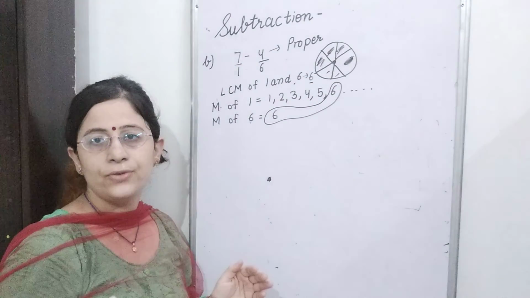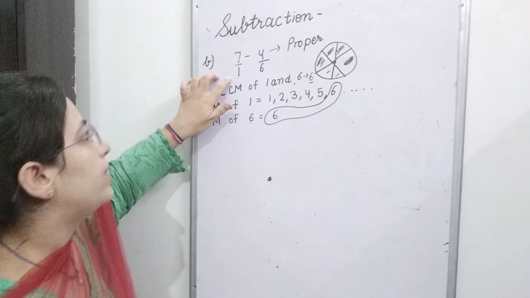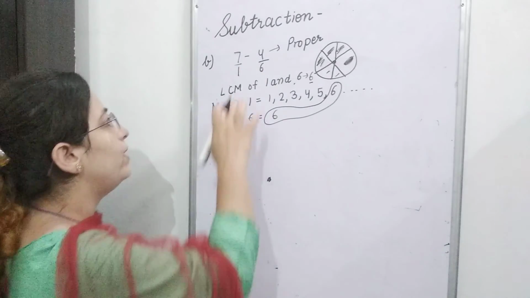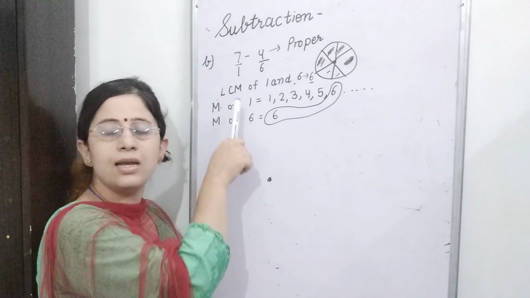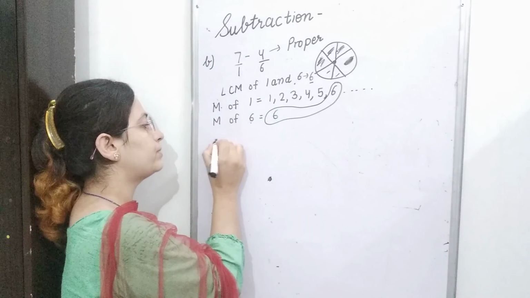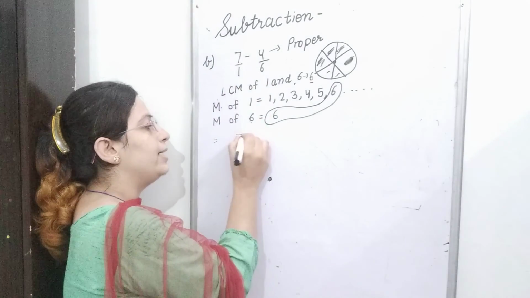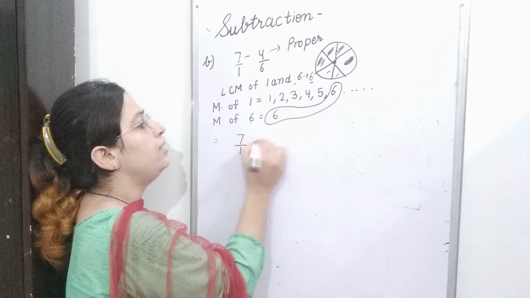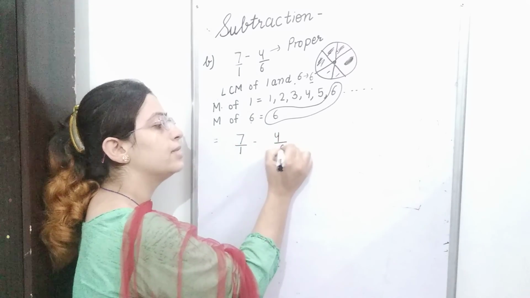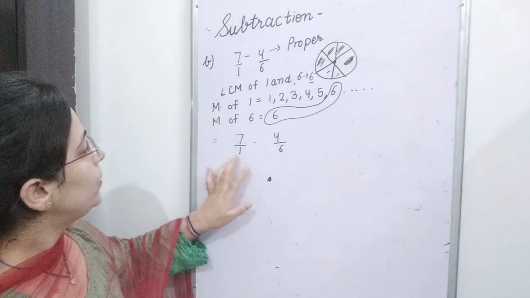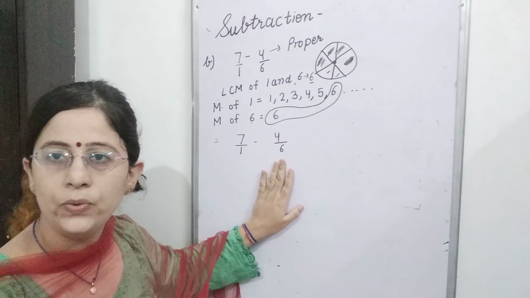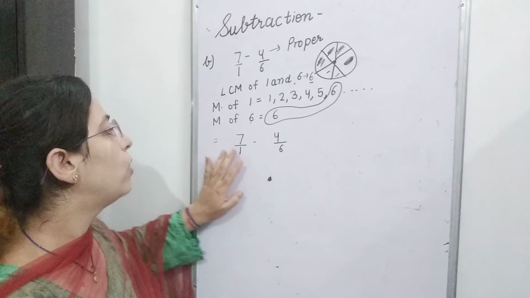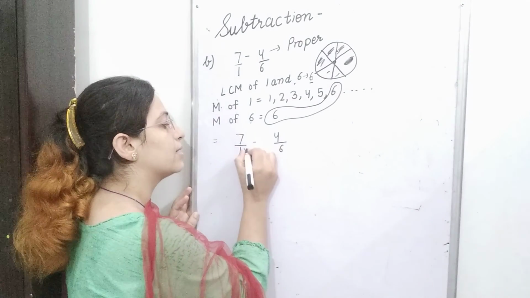Now here is 1 and here is 6. So we have to convert this 1 into 6. First of all write it again. 7 by 1 minus 4 by 6. Now if I want to convert this 1 into 6, I have to multiply the denominator by 6.